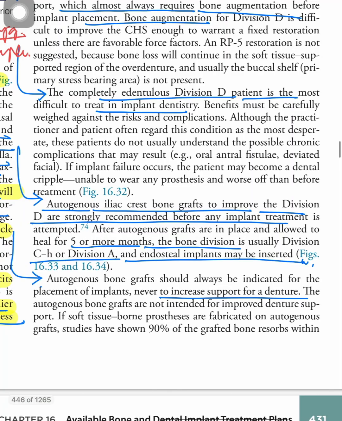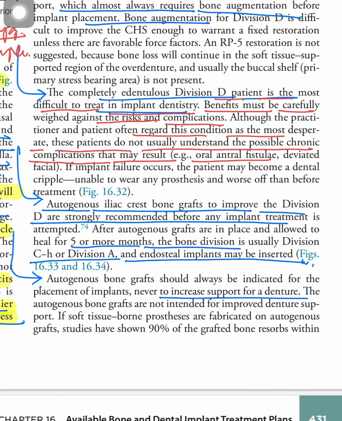So the completely edentulous division D patient is the most difficult to treat in implant dentistry. Benefits must be carefully weighed against the risk and complication. Although practitioner and patient often regard this condition as the most desperate, these patients do not usually understand the possible complications that may result.